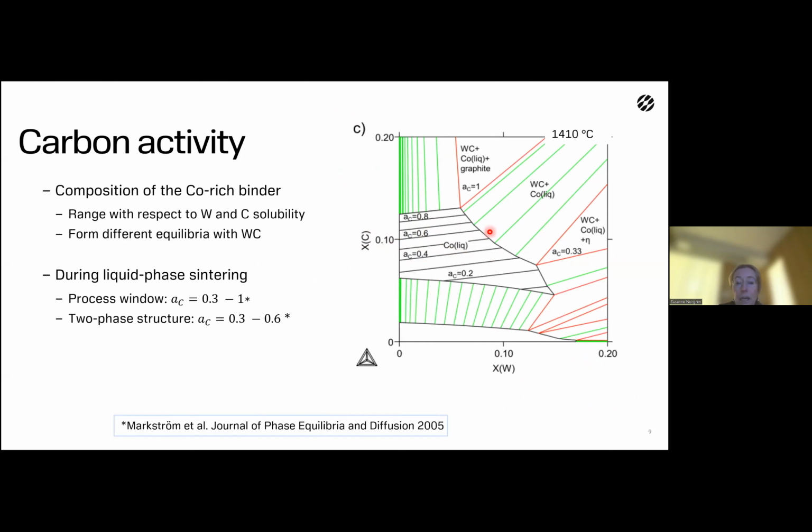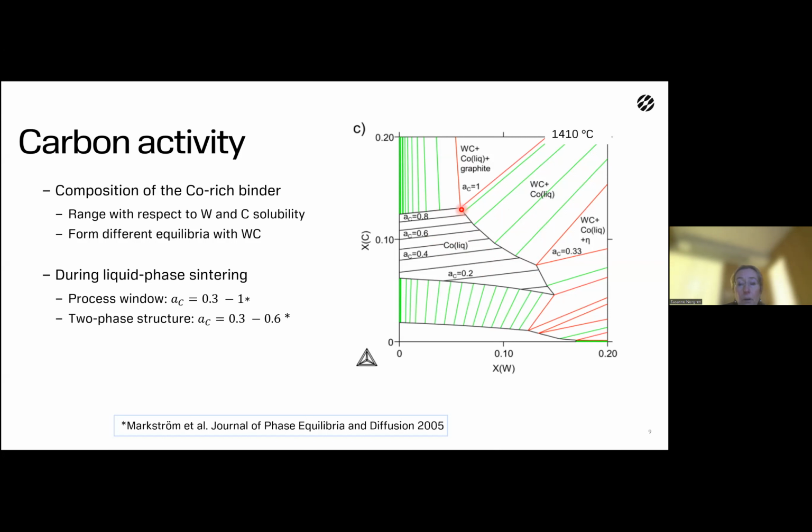If we look at the cobalt liquid, of course, the properties and the growth of the cemented carbide depend on the carbon activity. And here is the two-phase field, and here you can see the line between the eta phase, with a carbon activity of approximately 0.3, and the graphite limit, where we have a carbon activity of 1.